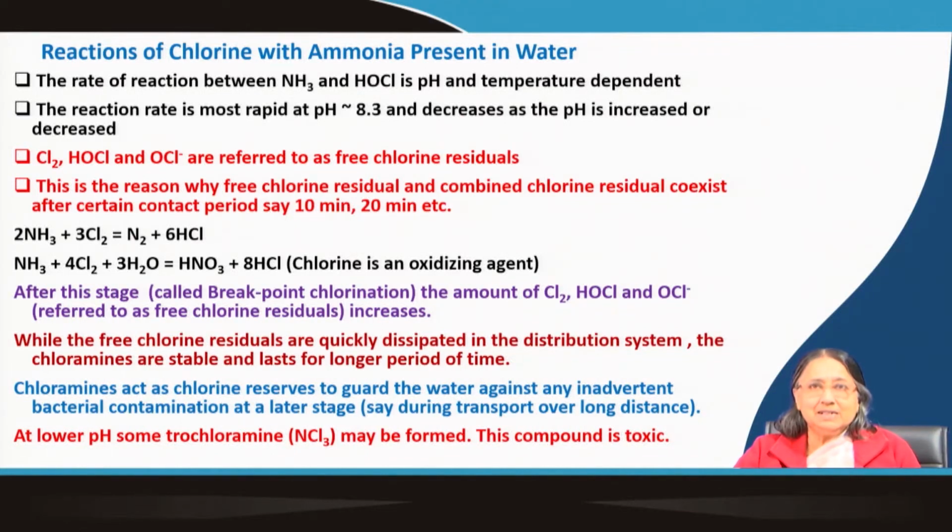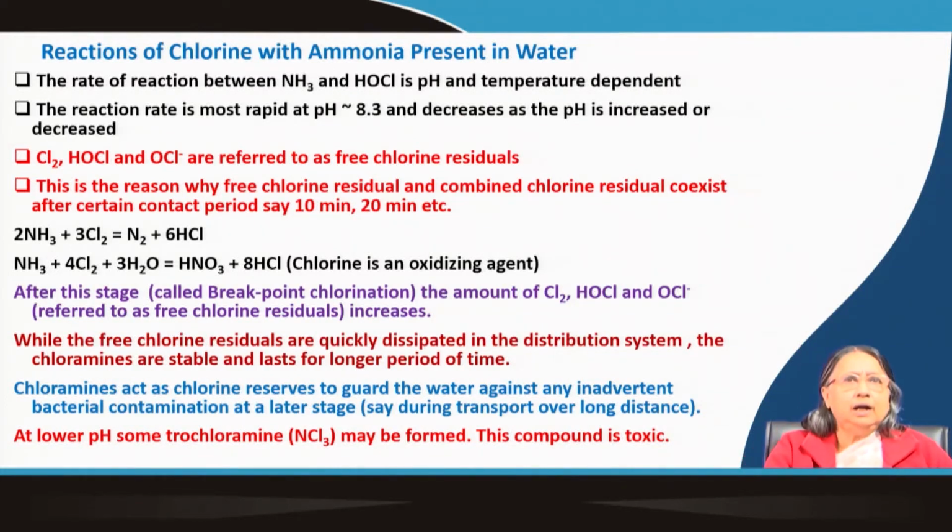So, it is basically a mixture of all those things. There are other reactions that can happen after this stage. Breakpoint chlorination I will tell you later, but here you see that chlorine is an oxidizing agent.